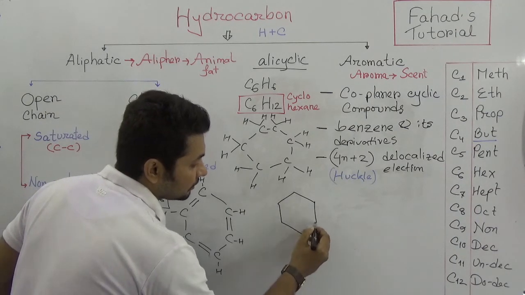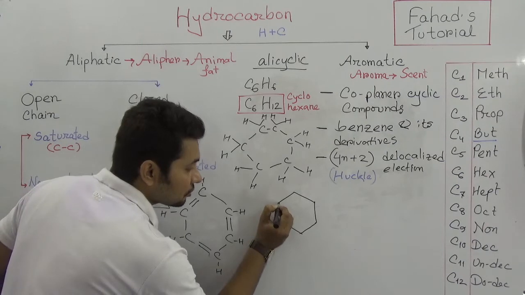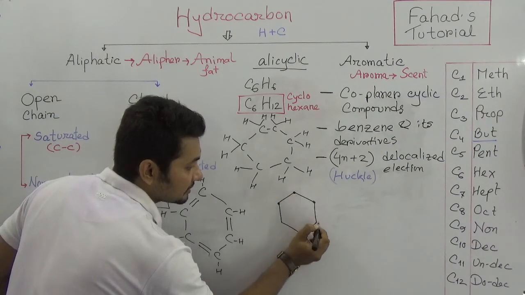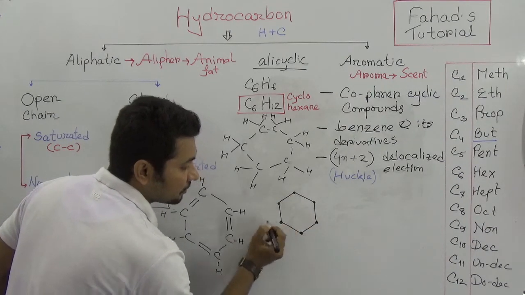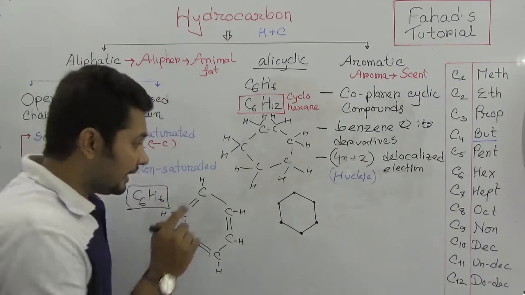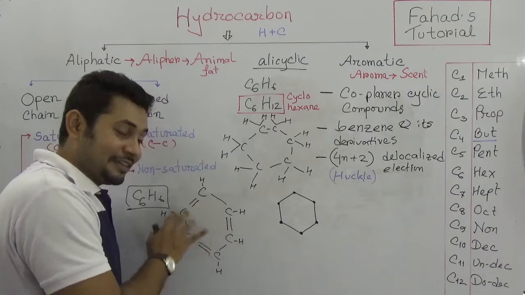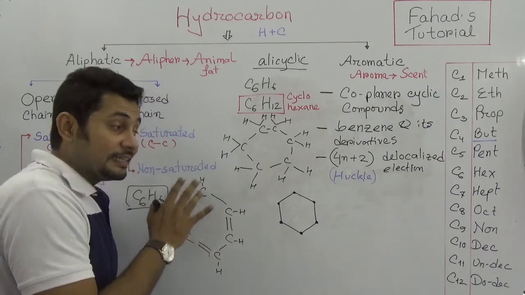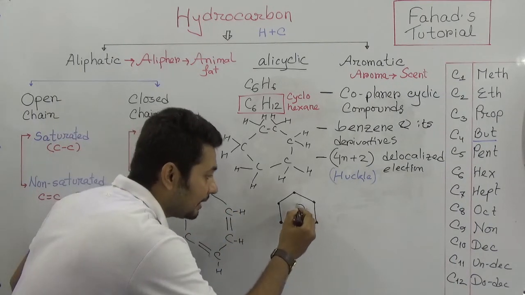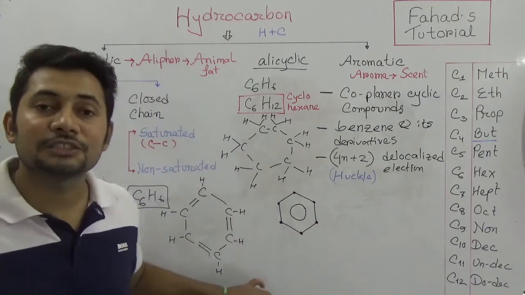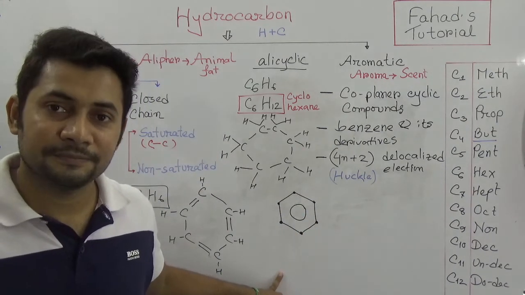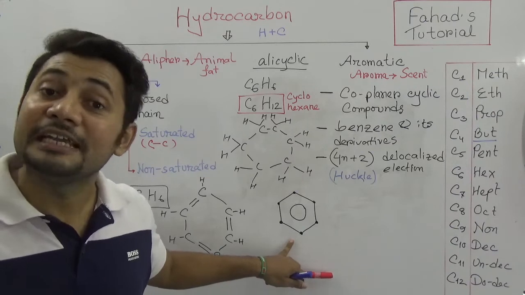When we draw this, each corner represents the carbon, and you see this is 4n plus 2. I mean, the alternative double bond is inside. That is represented by a circle. That is called the resonance, and this is benzene in short.